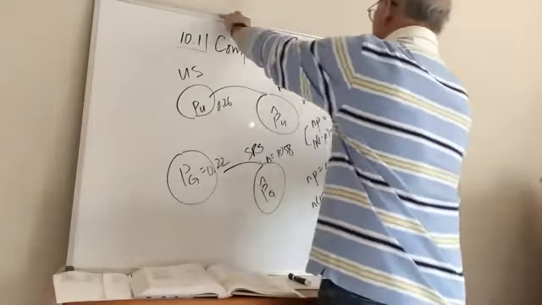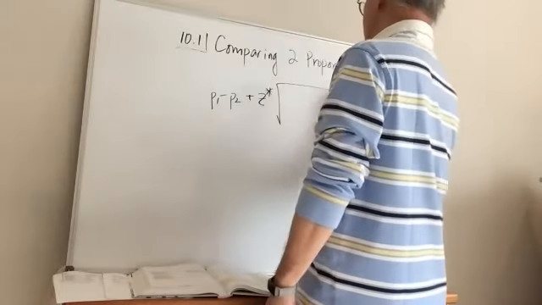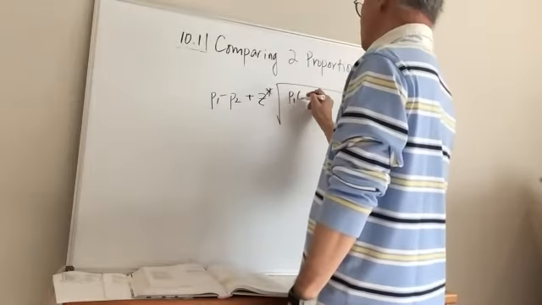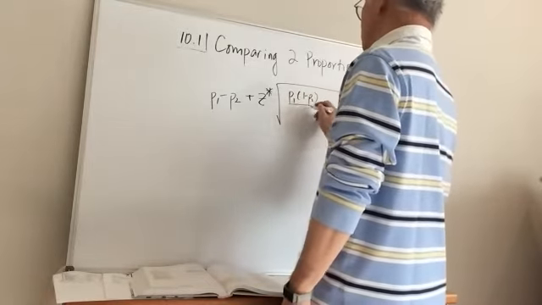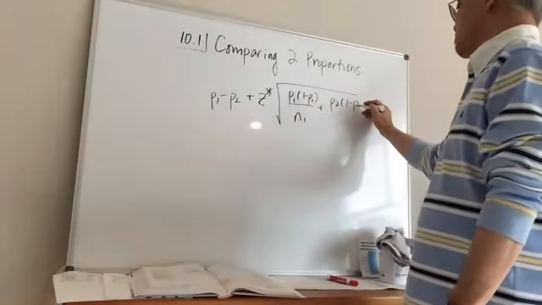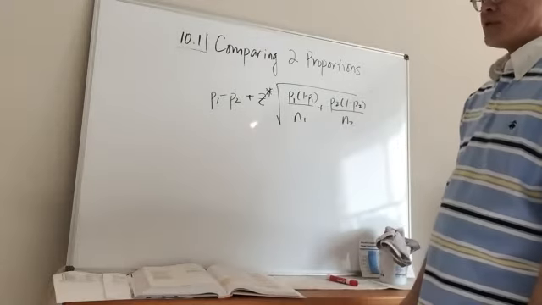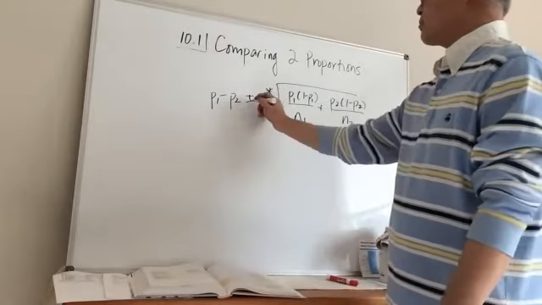And then we're going to add this guy, and then we're going to do P1, 1 minus P1 over N1, plus P2, 1 minus P2 over N2. This is our confidence interval, right? Plus or minus, I'm missing plus or minus here.